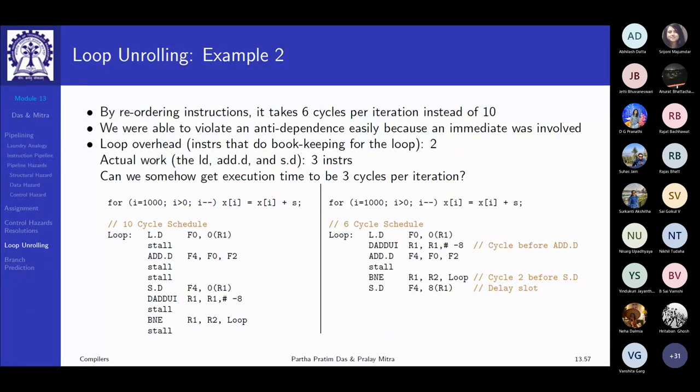So I do something smart. In the store, instead of doing a 0 offset from R1, I know that R1 has been decremented by 8, so I do an 8 offset from R1. That ensures correctness, and 1 stall cycle is utilized. So naturally, add comes after that, and I need 2 stalls before the store.